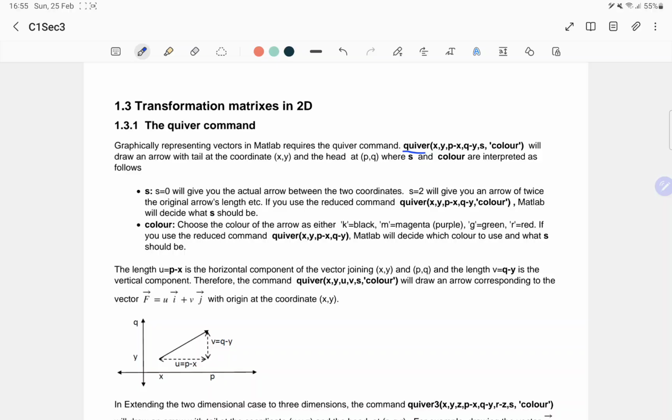In this short lesson, I am going to delve into the basics of the quiver command, its significance, and how to effectively utilize it to gain insights into vector fields. I know in class we have done vectors, but what is a vector field that I'm talking about?